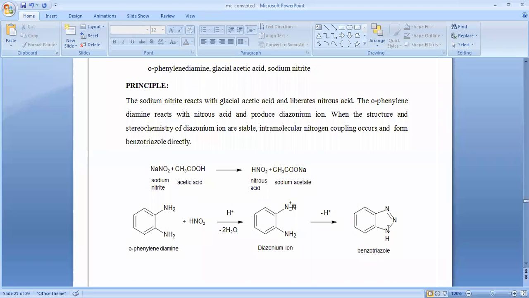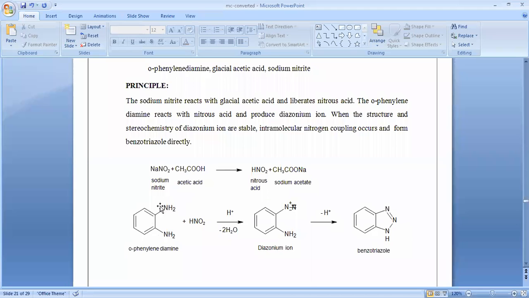In the case of benztriazole, we are replacing that carbon atom also with a nitrogen atom. Such substitutions or replacements are known as bioisosteric replacements, which we have discussed in the medicinal chemistry theory.